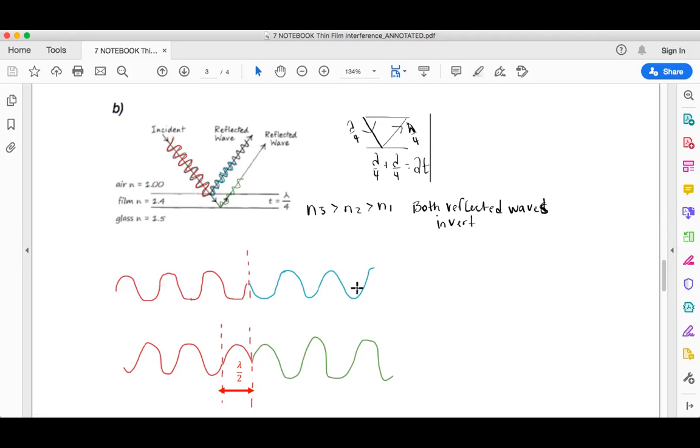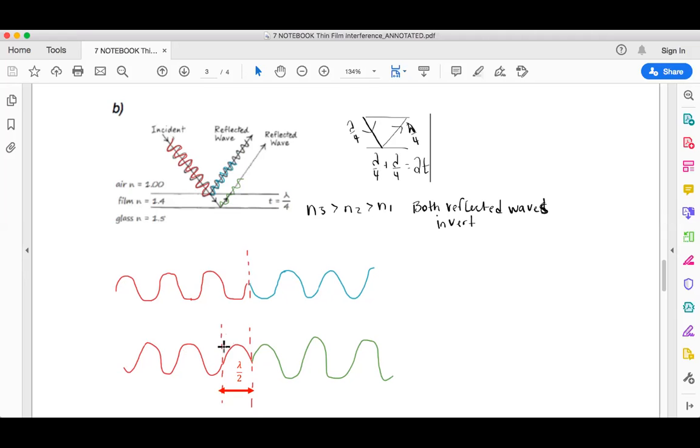So here's the shorter path. The shorter path goes from here, reflects here, and it is inverted because film is a slower medium. So we invert there, and then this time the longer path. So we have the boundary between air and film, and the transmission or the refraction here doesn't cause inversion, like it never does.